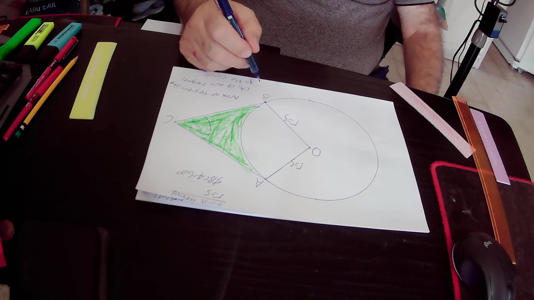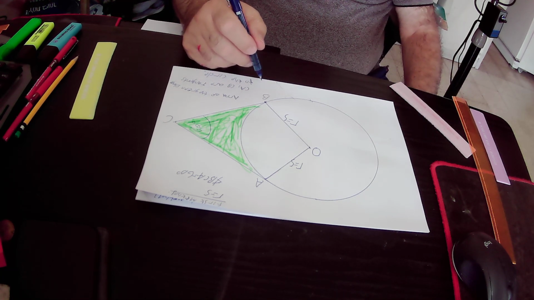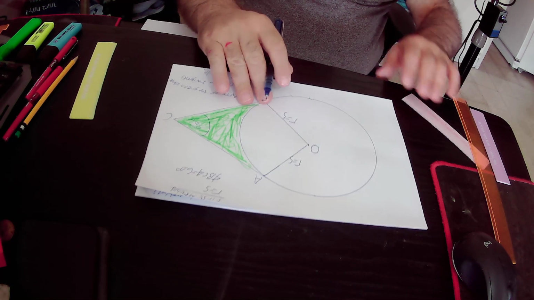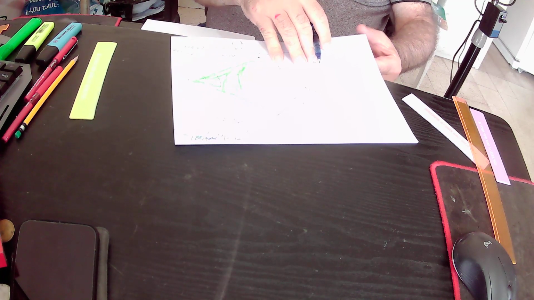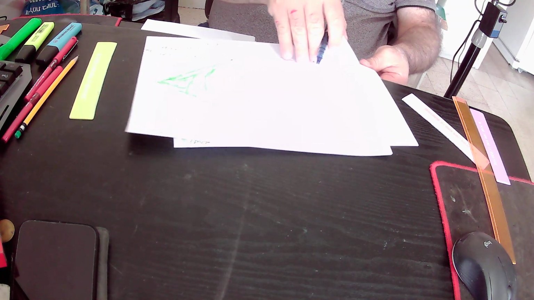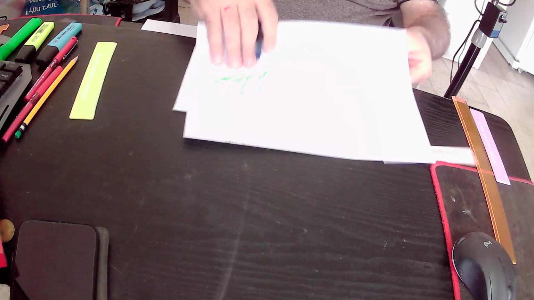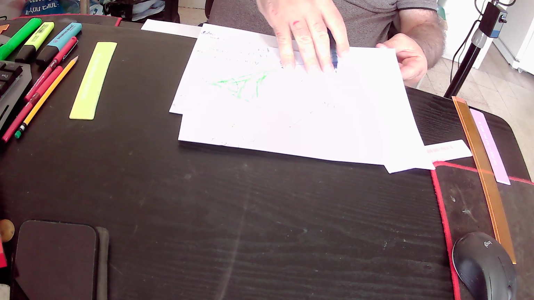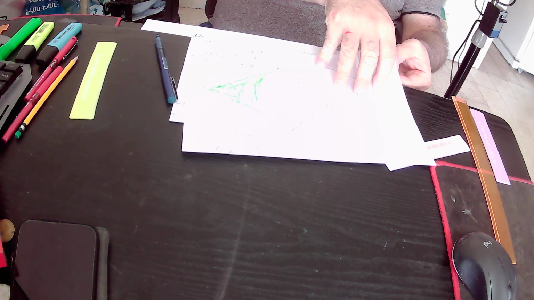Okay, and we actually have a rule that a tangent to a circle is perpendicular to the radius drawn to its tangency.